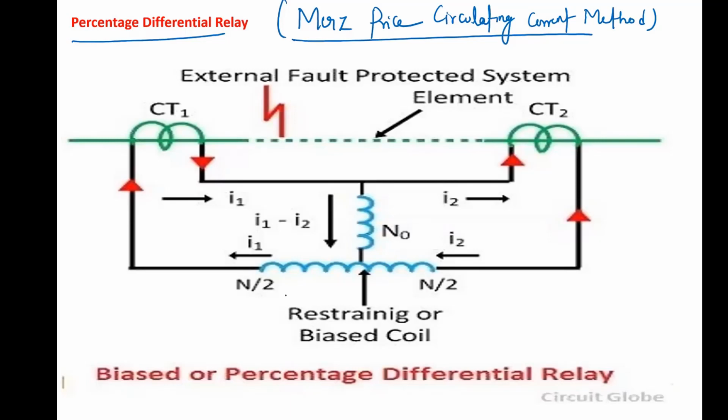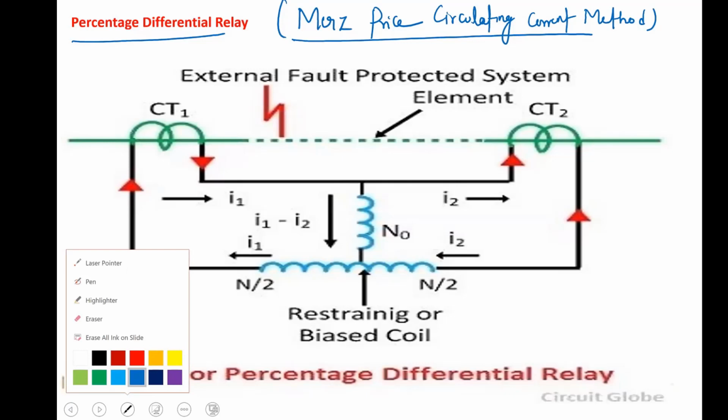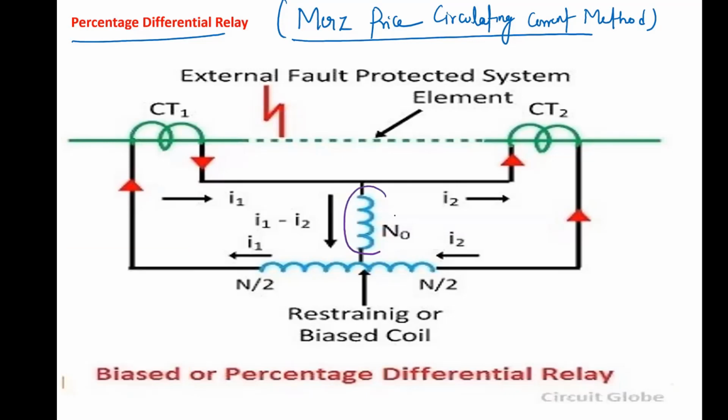Here N0 is the number of turns in the operating coil. This pink color coil, which I am circling, is the operating coil, where the number of turns is N0, the operating turns.